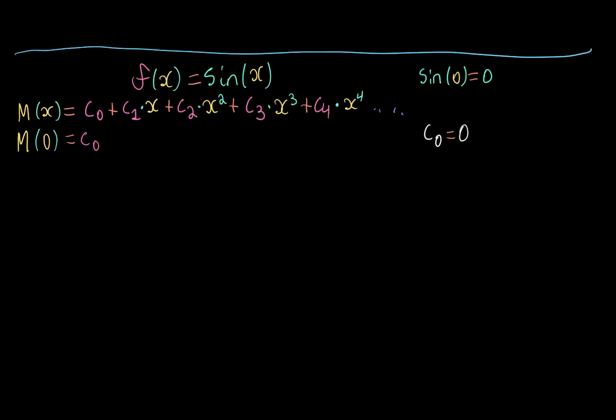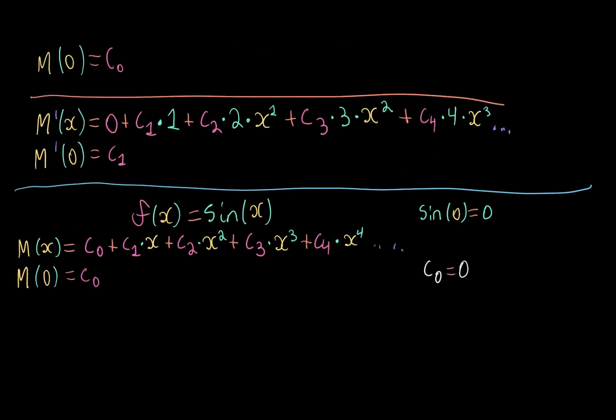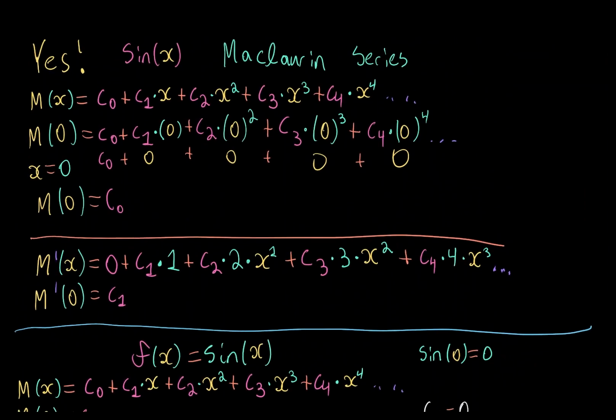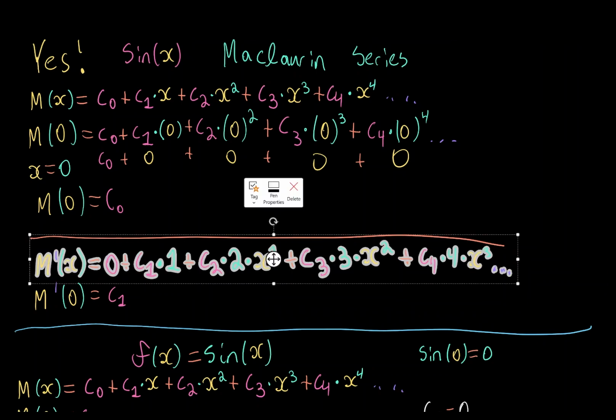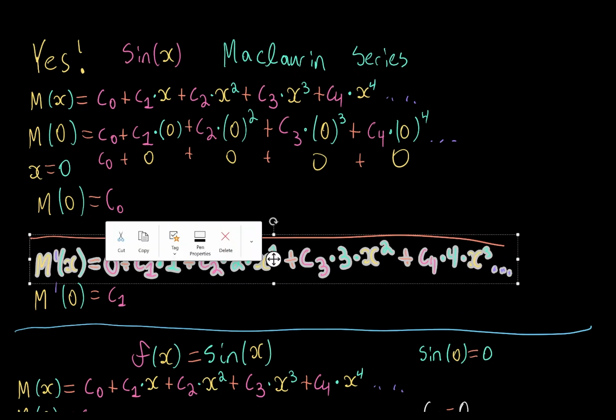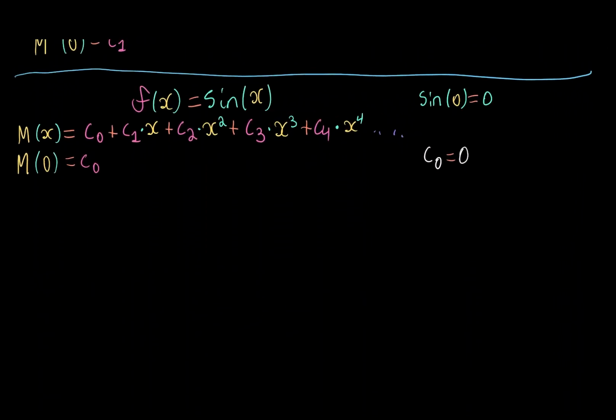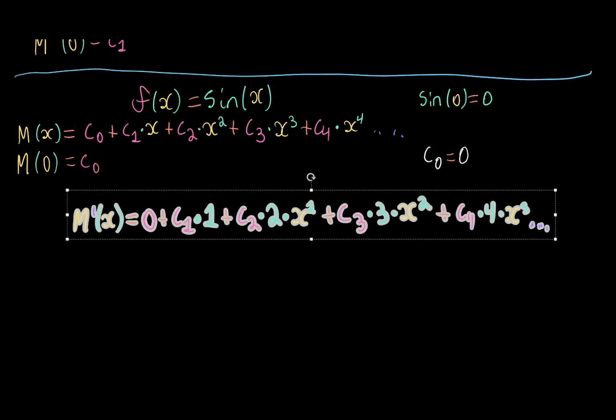Okay, well now let's take the first derivative. So m prime, actually we already wrote it up here, so no need to do that. So m prime. Alright, copy and then paste.